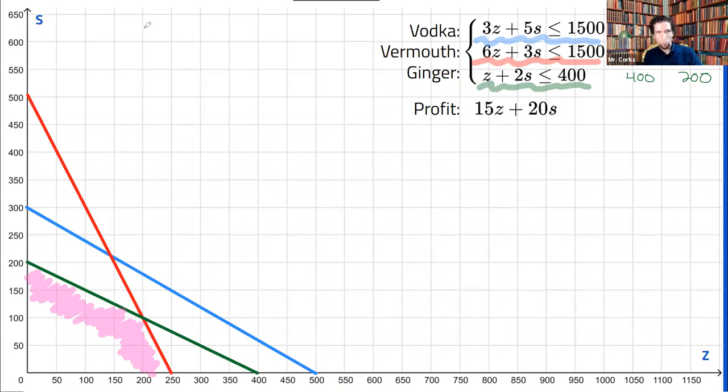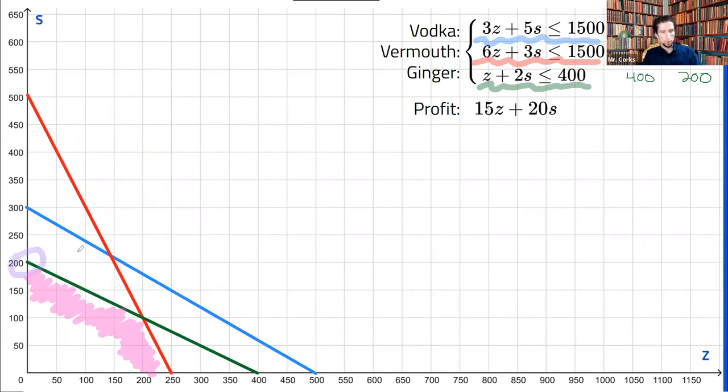Let's do one more thing here too and do corners, and then we can come back to the profits equation. Tell me how many corners and where are they? 4. Okay, 4, tell me what they are. The S intercept, I mean 200.